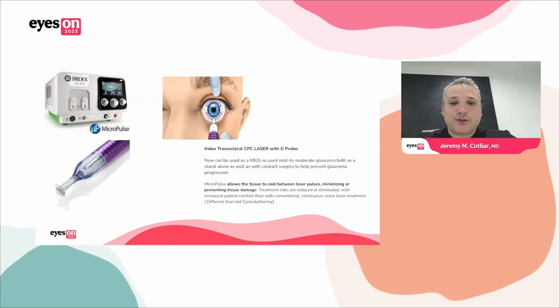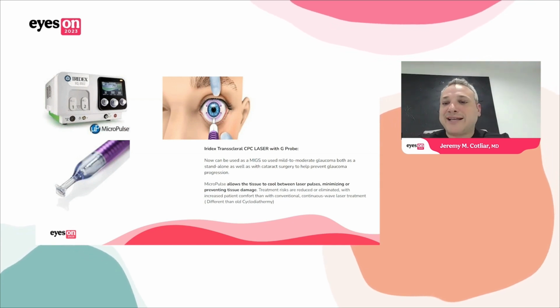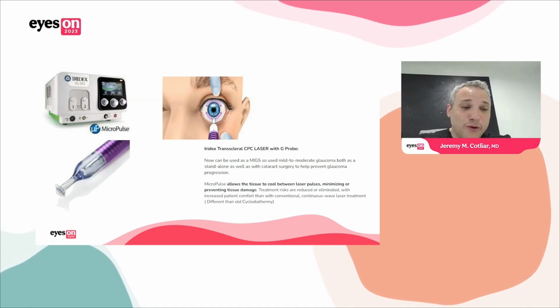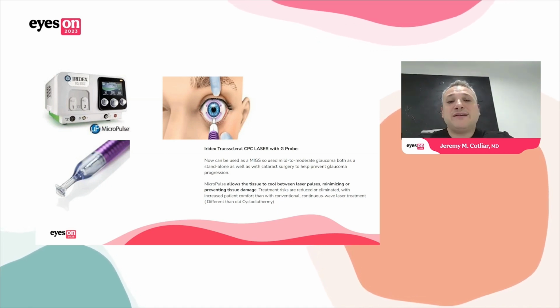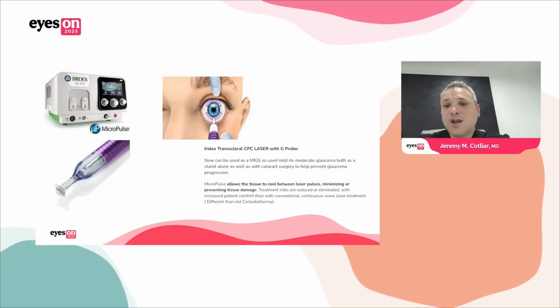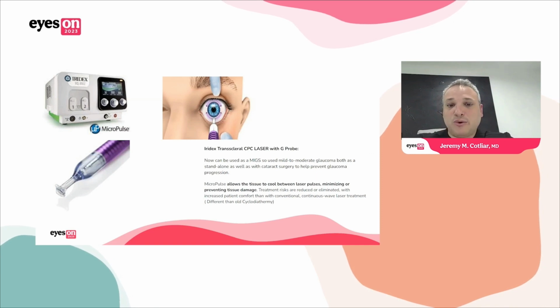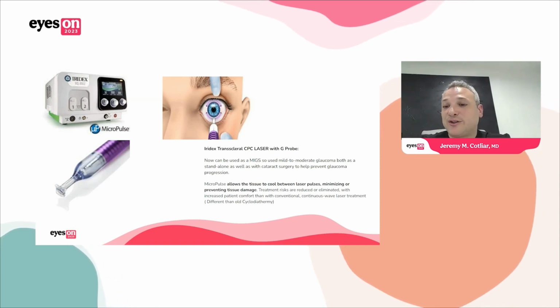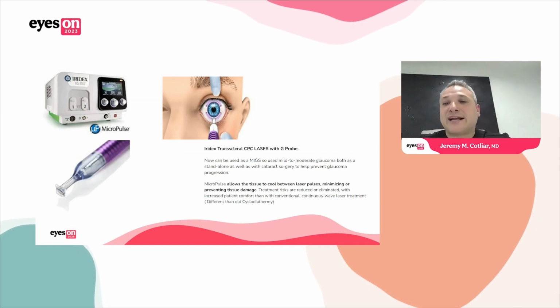It's a micropulse, which allows the tissue to cool between laser pulses, minimizing or preventing tissue damage, which is very important. And that's really how it differentiates itself from the older cyclodiathermy laser. Treatment risks are reduced or eliminated with increased patient comfort than with conventional continuous wave laser treatment, different than the old cyclodiathermy laser.